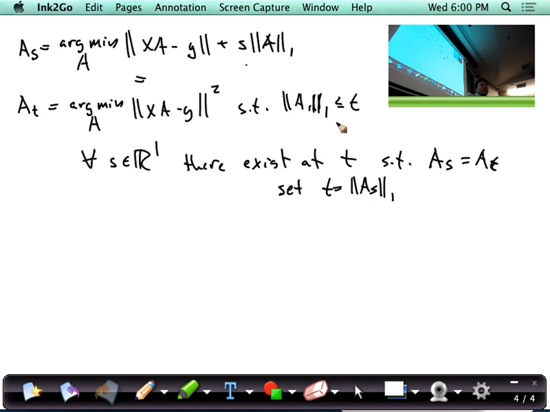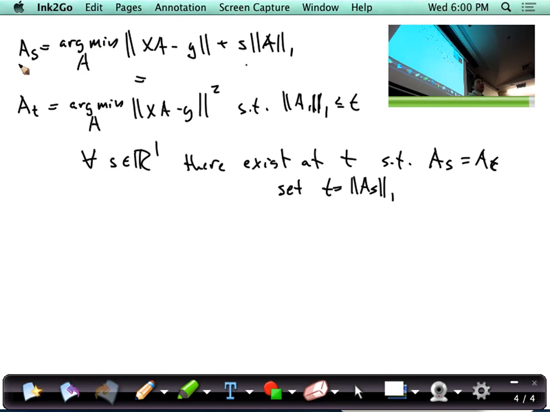So the reason for this dual form is that this one is much easier to understand what's going on. This is much easier to conceptualize and to understand from the point of view of an algorithm. So the least angle regression is going to solve this for all values T. It's going to give the solution for every single value T. And then that means there's the value T which gives the best solution, corresponds with some value S. It turns out the value S or the value T doesn't matter.